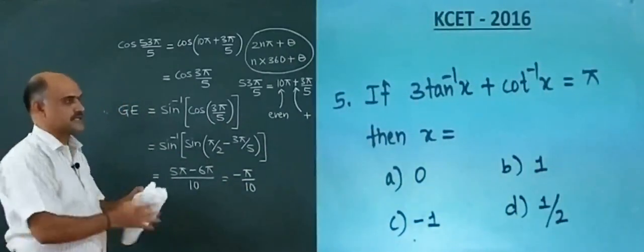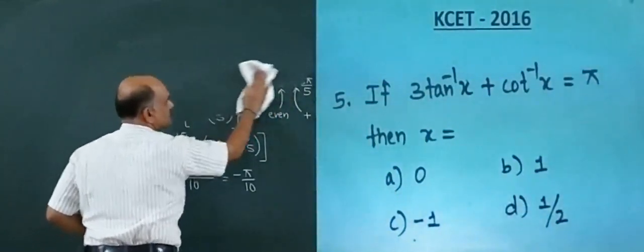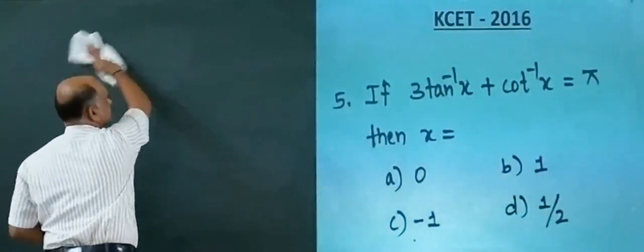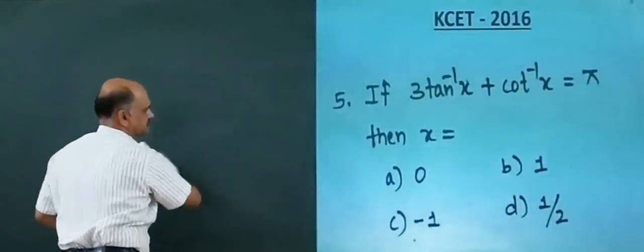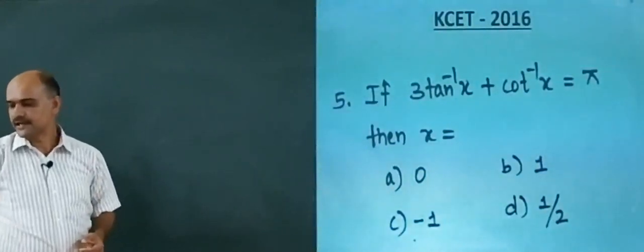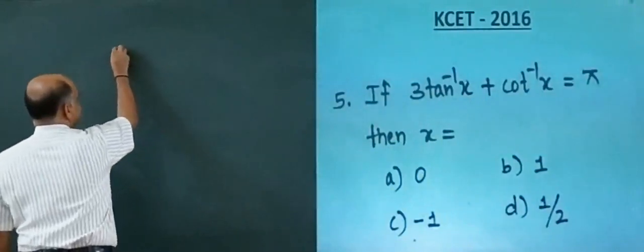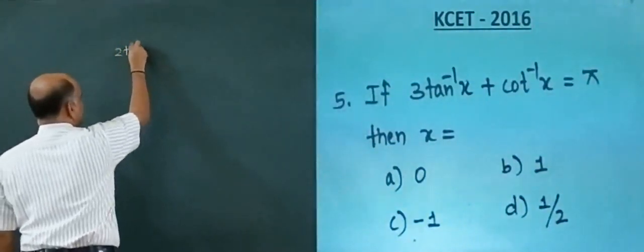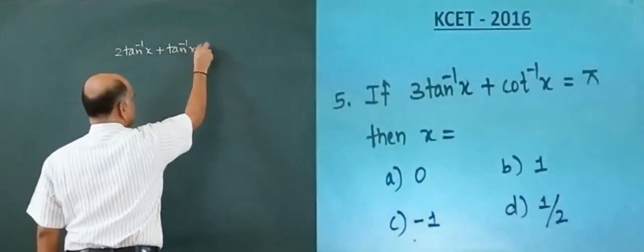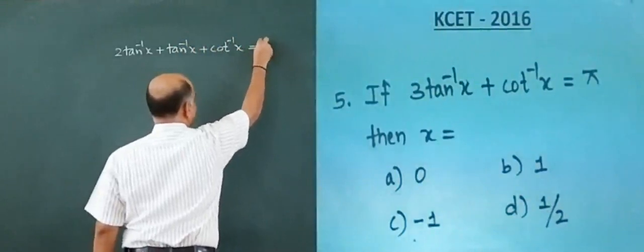If 3 tan inverse x plus cot inverse x is equal to pi, then you are required to find the value of x. Similarly to the previous problem, 3 tan inverse x I will write as 2 tan inverse x plus tan inverse x plus cot inverse x is equal to pi.